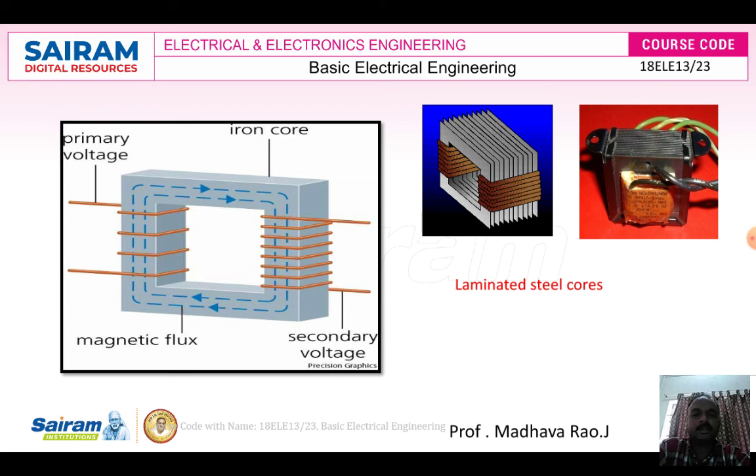If you apply the varnish on the transformer, we can reduce the eddy current losses. The varnish is made up of silicon steel material. If you apply silicon steel laminations, we can reduce the eddy current losses.